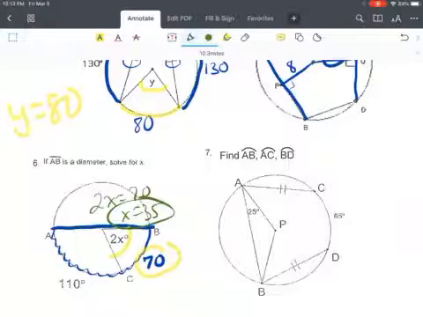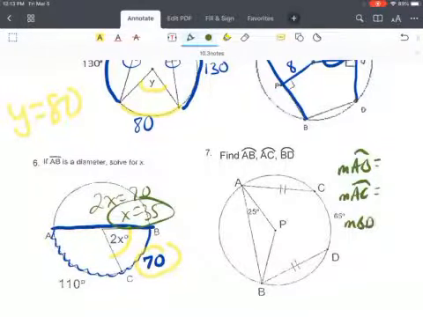For the last question, in order to find the measure of all 3 of these arcs, first off, we know that AP and BP are both radii, so they are congruent.